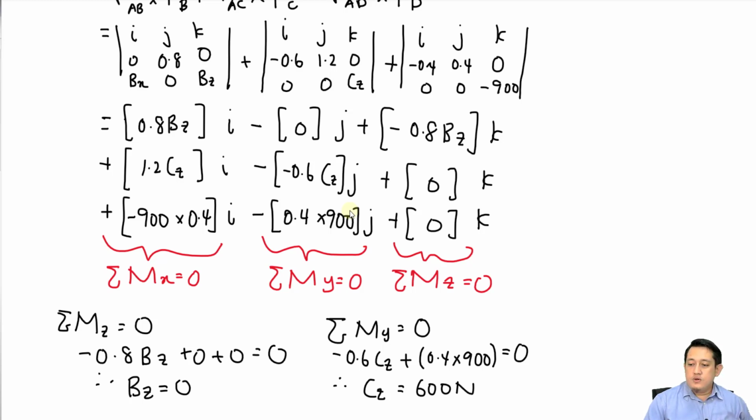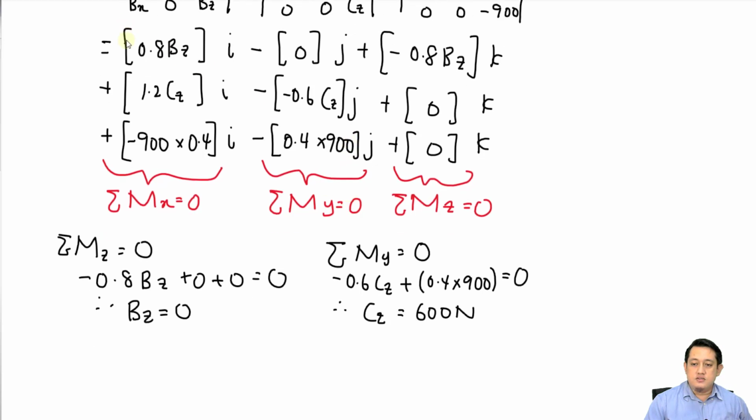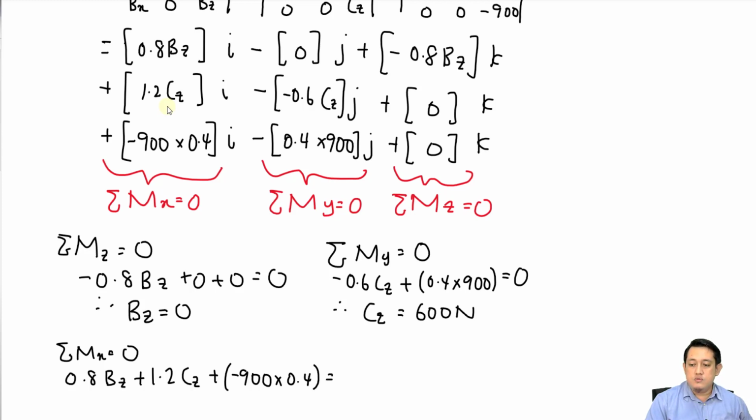Okay, so what about this one? Mx equals 0. So for Mx equals 0, we have 0.8 Bz plus 1.2 Cz plus negative 900 times 0.4, equals 0.